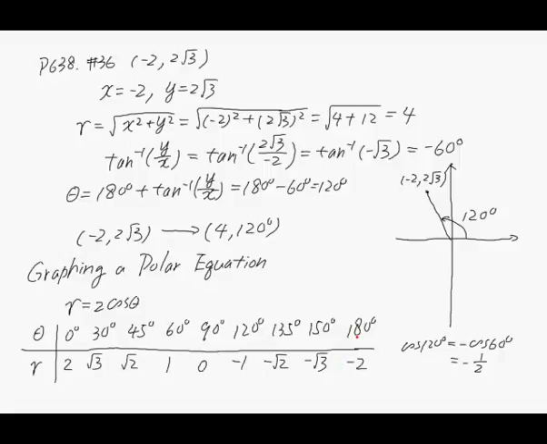So in this way, we can form a bunch of polar coordinates. We have the 0 degrees and then 2. Hold on. We need to put the r first, right?